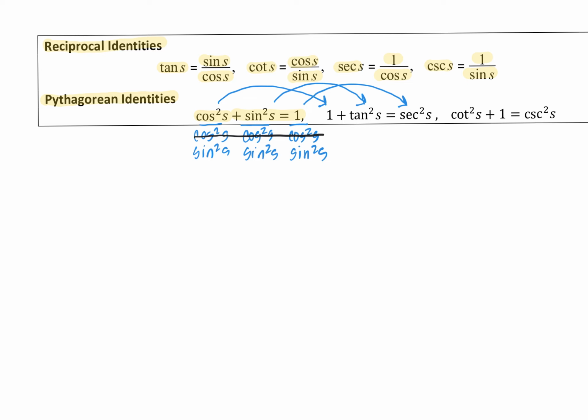Cosine over sine is cotangent, so cosine squared over sine squared is going to be cotangent squared. Sine squared over sine squared reduces to 1. And 1 over sine is cosecant, so 1 over sine squared is cosecant squared.